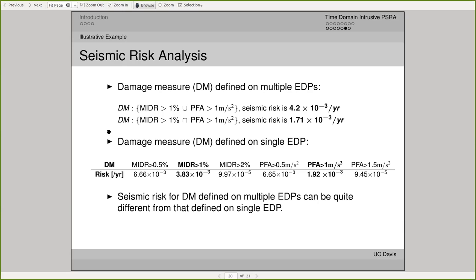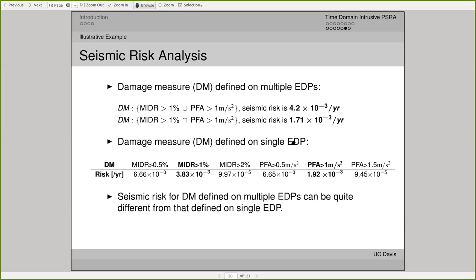And on the other hand, if we define our damage measure as the maximum interstory drift ratio greater than 1% and peak floor acceleration greater than 1 meter per second, you will get a much lower seismic risk. That is 1.71 times 10 to minus 3 per year. As you can see here, depending on how you define your damage measure, the risk values for the damage criteria defined using multiple engineering demand parameters can be quite different from what we are currently doing for a single engineering demand parameter.